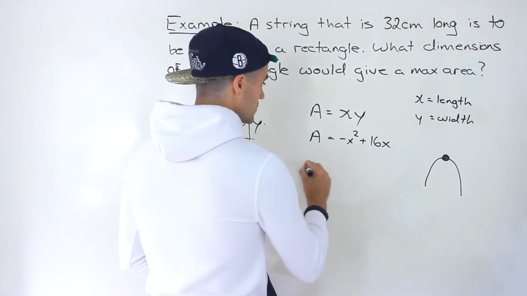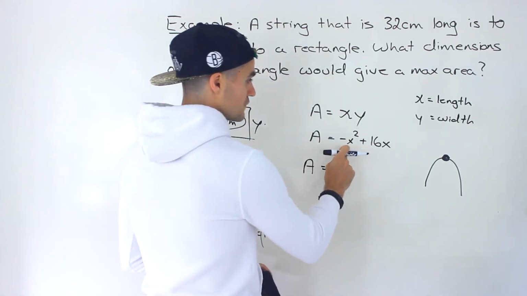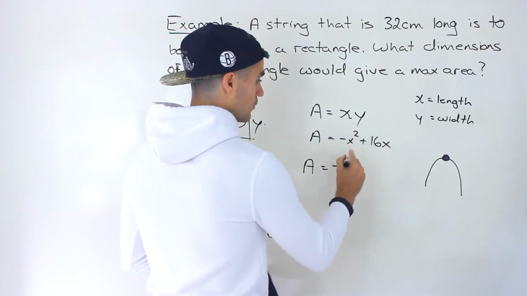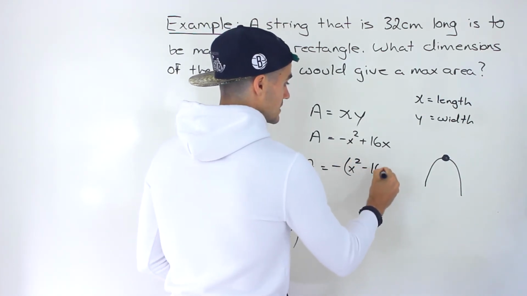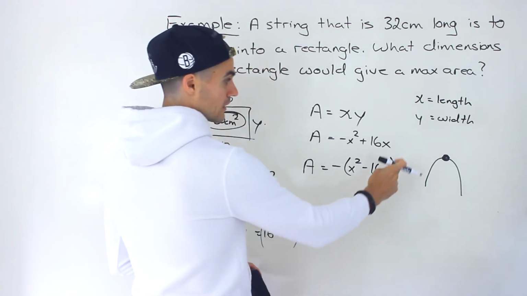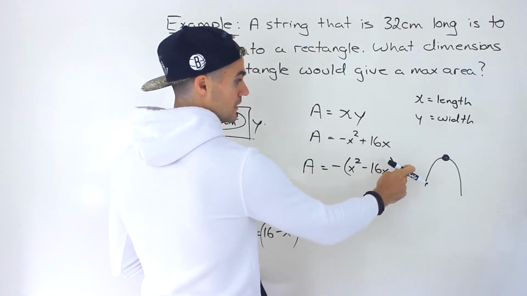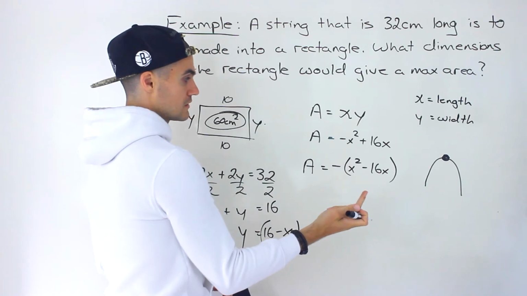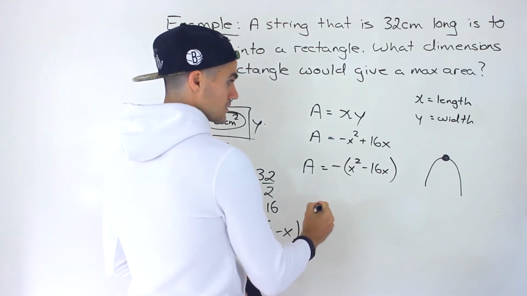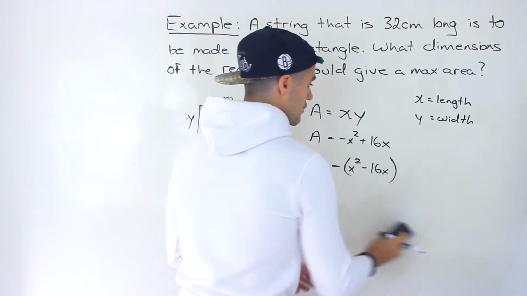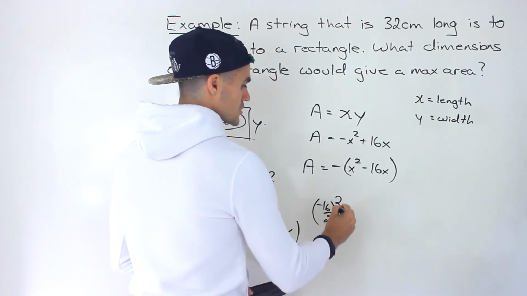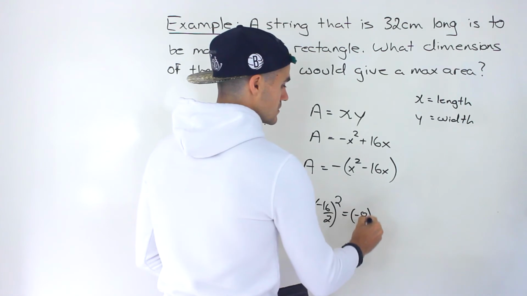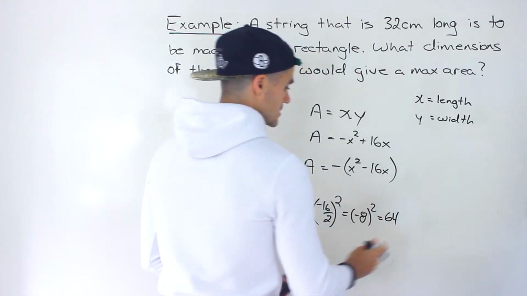First we can factor out a negative 1 from both of these. So we'd end up with x squared minus 16x, close the bracket. There's no c value in this case, so we just leave that blank. Then we take that negative 16 divided by 2 and then squared. That would give us negative 8 to the power 2, which would give us 64.